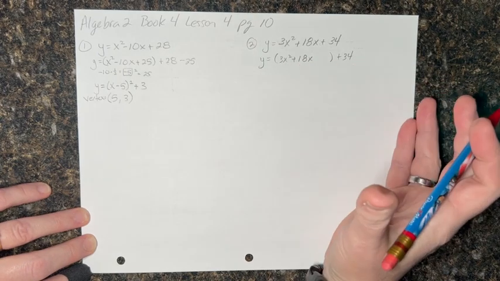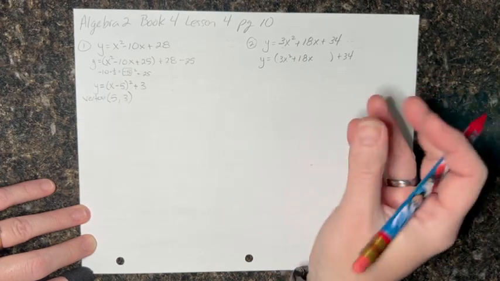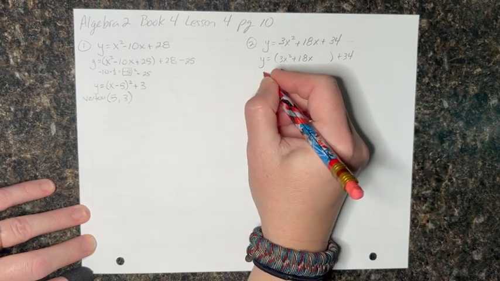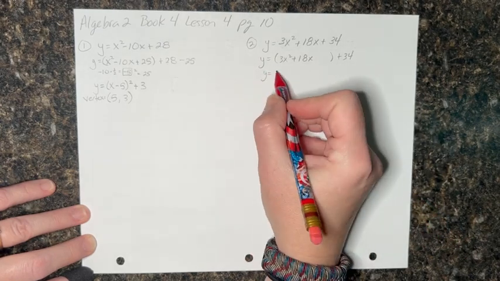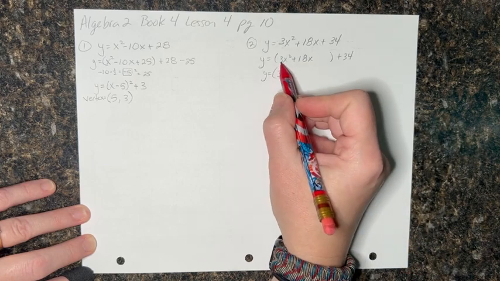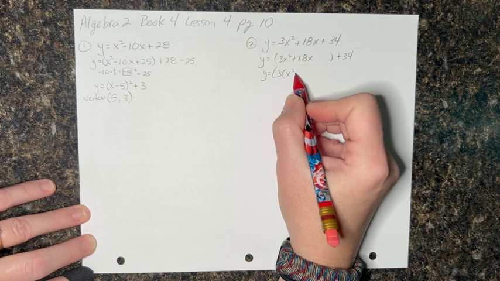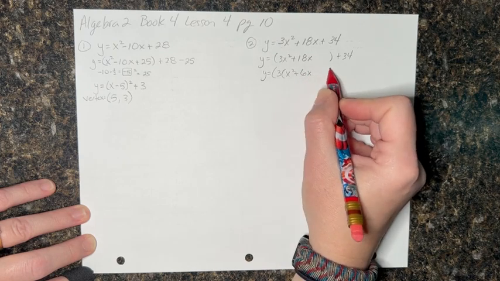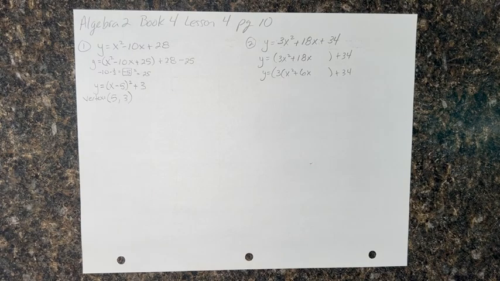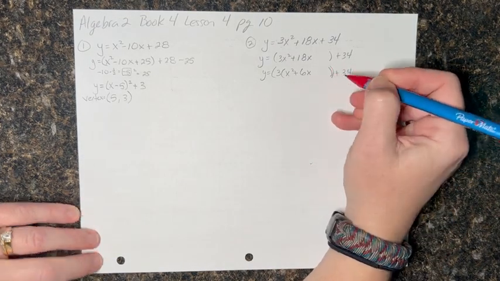They definitely have a factor in common, and I'm not talking about the x because that's going to screw it up, but they have a constant in common. They both have a 3 in common. So I have 3 times x squared plus 6x, plus 34. All I've done is factored out a constant from inside here. I probably need one more set of parentheses, technically.